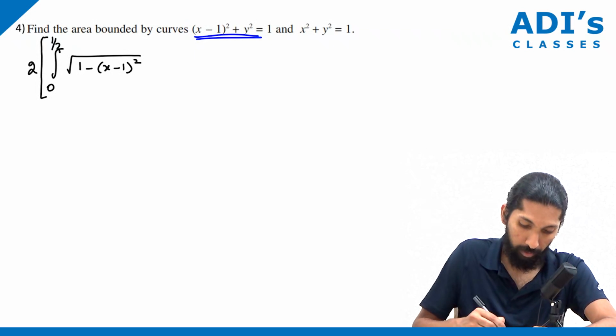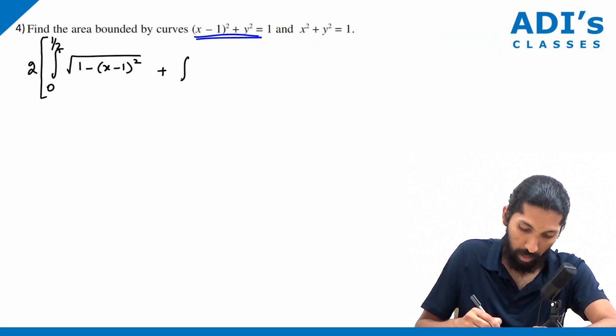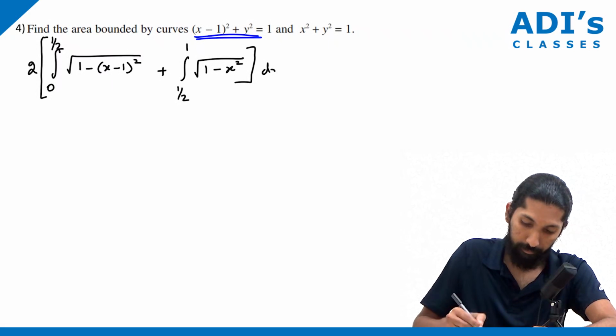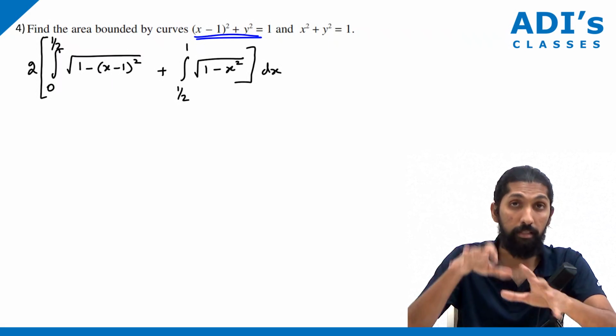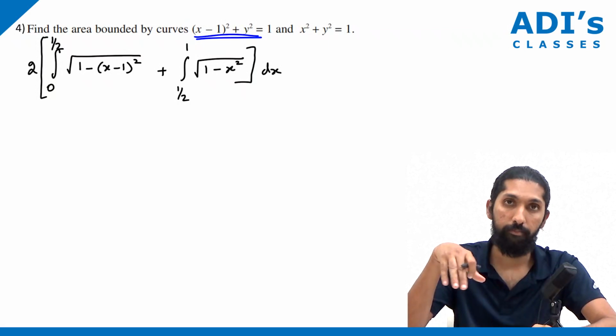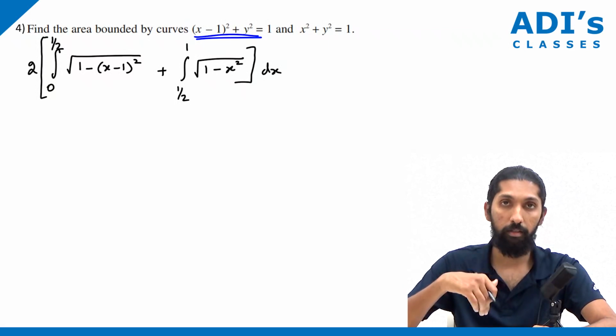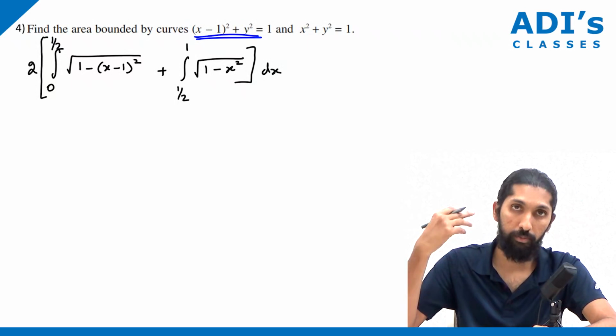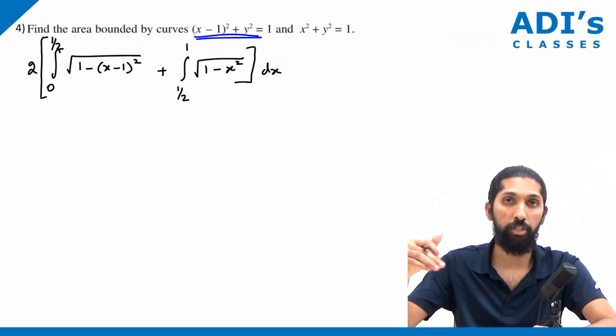This one plus the integral from half to 1 of root of 1 minus x square dx. See, this is the overall part. Now we have to solve this one. We have to use the formula, substitute the values, solve the equation and get the answer.